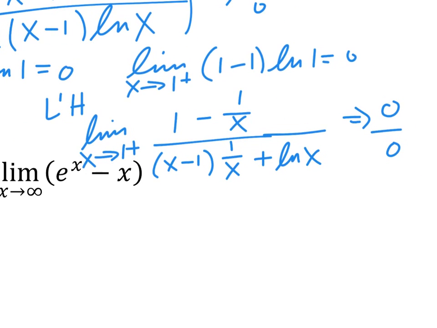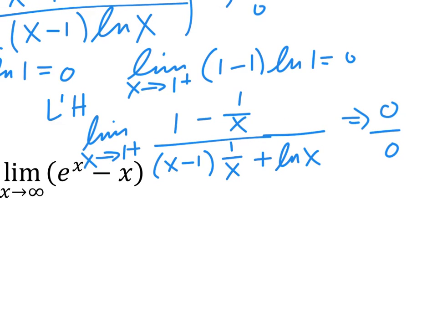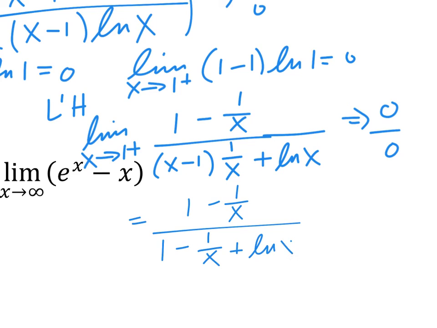You don't want to do product rule. So what you want to do is multiply this whole thing out, right? So 1 minus 1 over x, and this is really 1 minus 1 over x plus natural log x. Much easier to take the derivative of each term than a product rule.